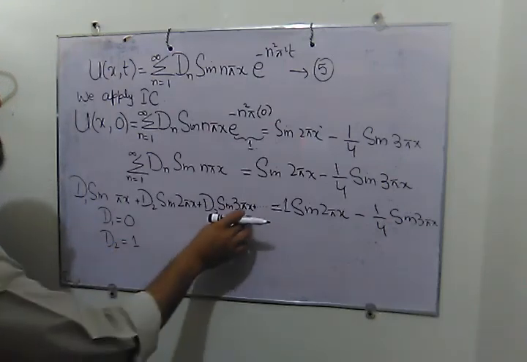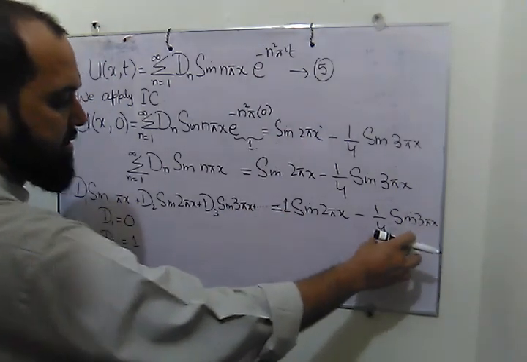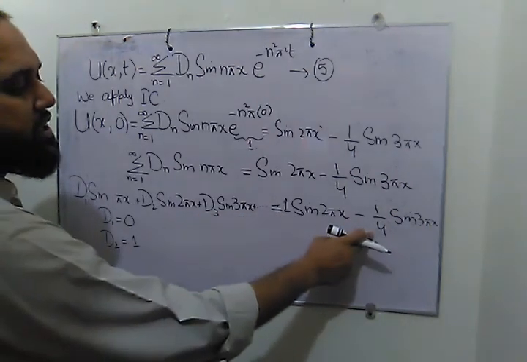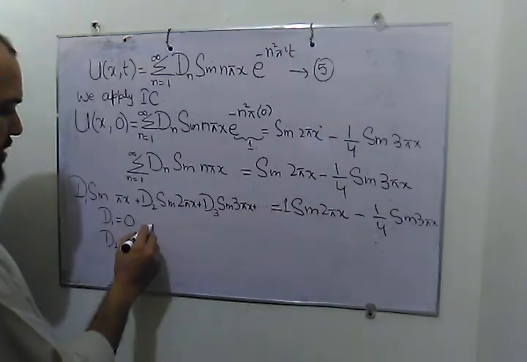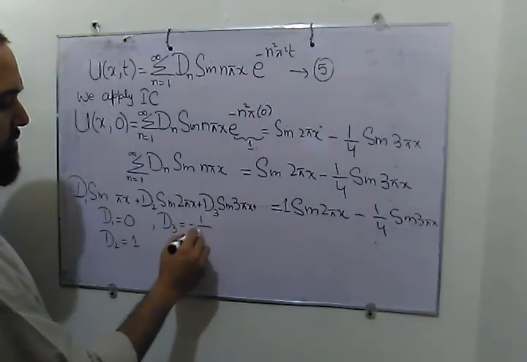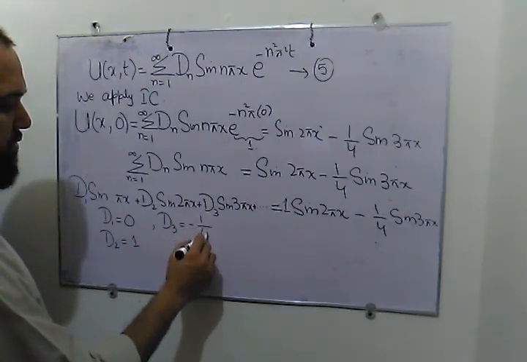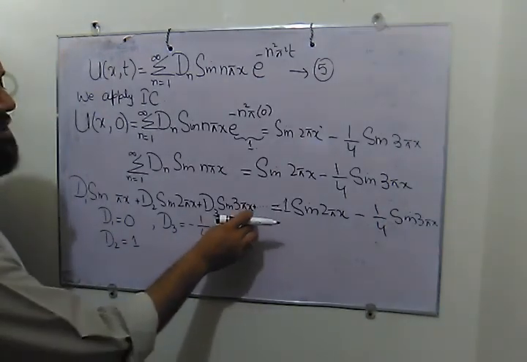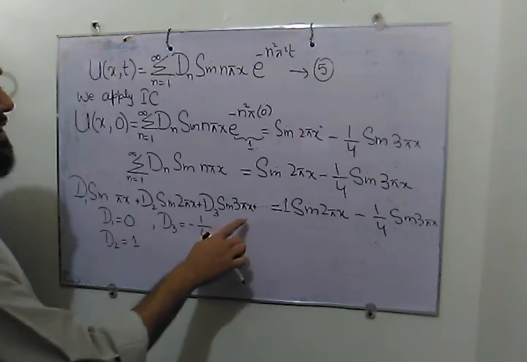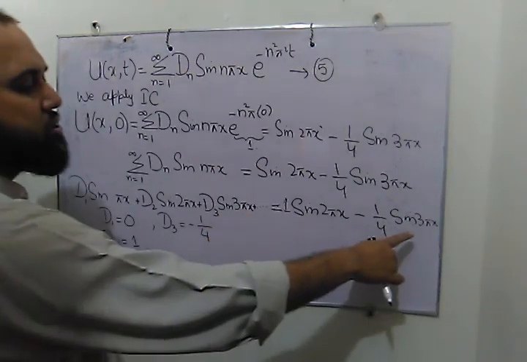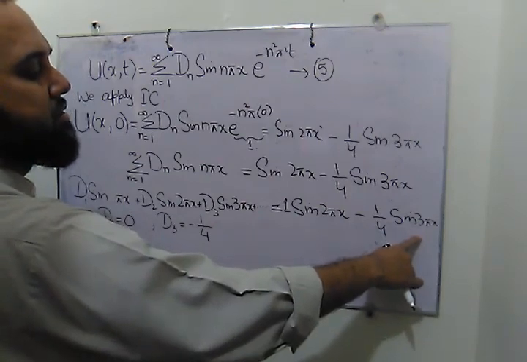The next term is sine 3 pi x. We have sine 3 pi x here, we have sine 3 pi x here. The coefficient here is d3, the coefficient here is minus 1 by 4. Therefore, when we compare the coefficients, d3 is equal to minus 1 by 4. Now, there is some d4 sine 4 pi x after this term, but there is no sine 4 pi x on the other side.